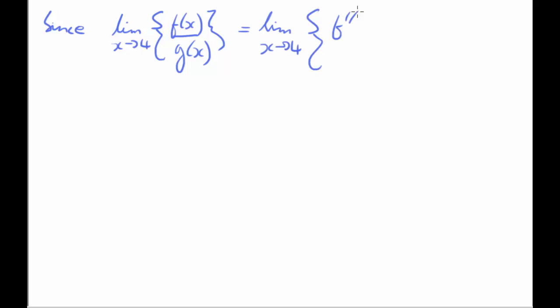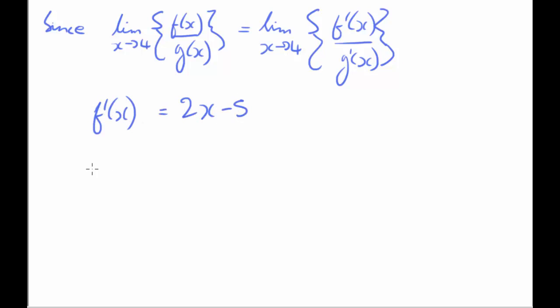And this is just stating L'Hopital's rule again. So all we have to do, instead of separating it and taking our time doing it, is just get the derivative of f of x, which is 2x minus 5, and the derivative of g of x, which is 2 times (2x minus 1).